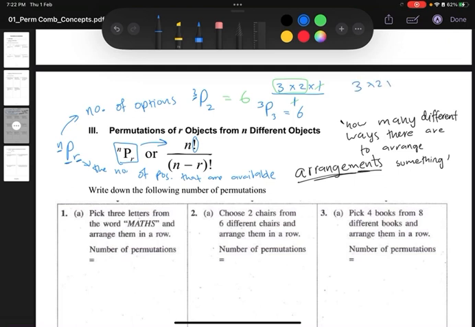So you would have 3 times 2 times 1. But since you are limiting the number of positions, you would have to divide it by the factorial of the number of options minus the number of positions, so that you can cancel out all the other options that we don't want.